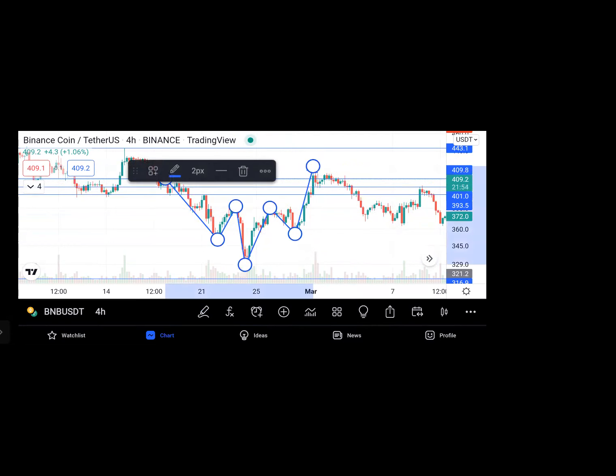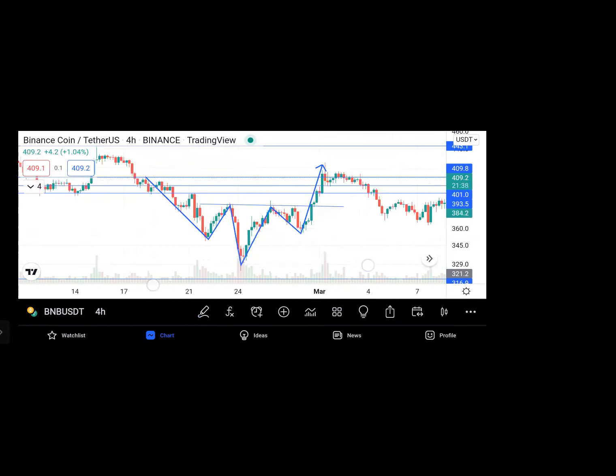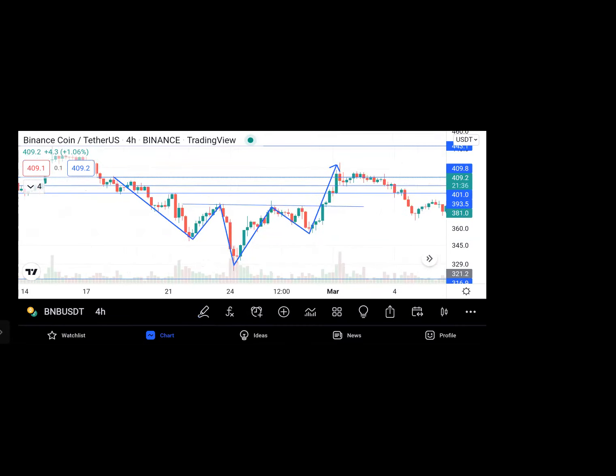And connecting our trend line to create the neckline. What do you see there? The neckline joins, and once broken, it started flying up.